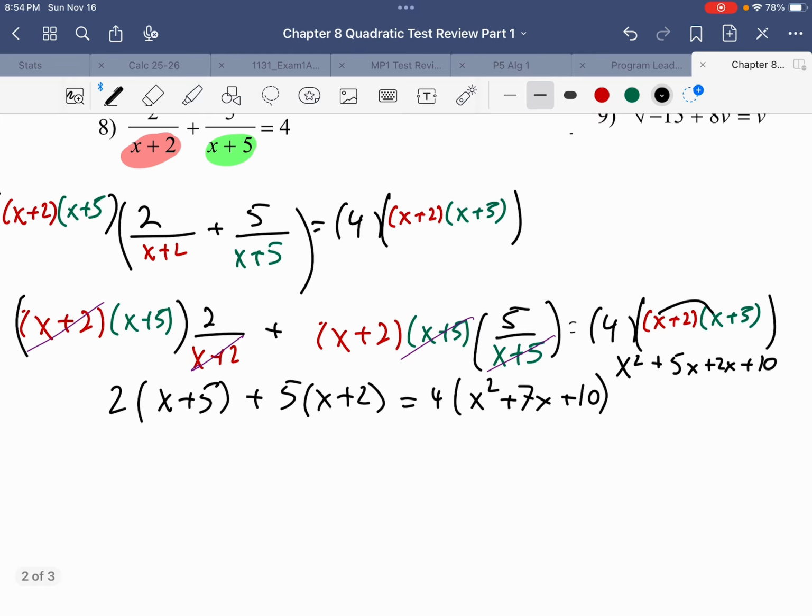Now I'm going to distribute to each part, so I get 2x plus 10 plus 5x plus 10 equals 4x squared plus 28x plus 40.